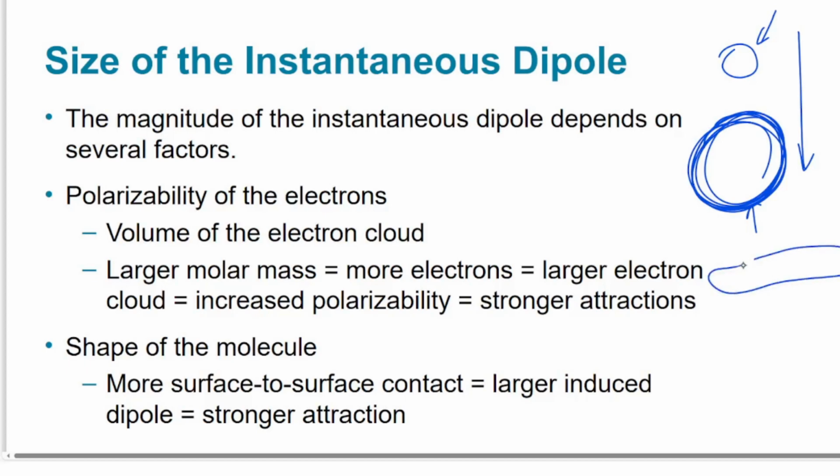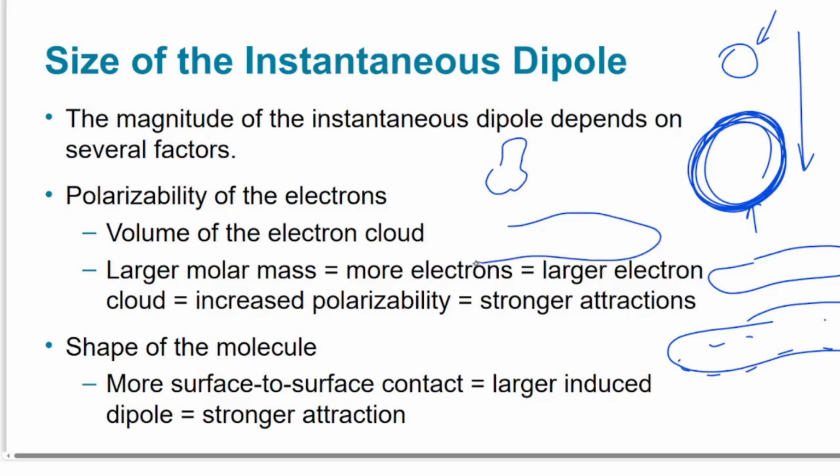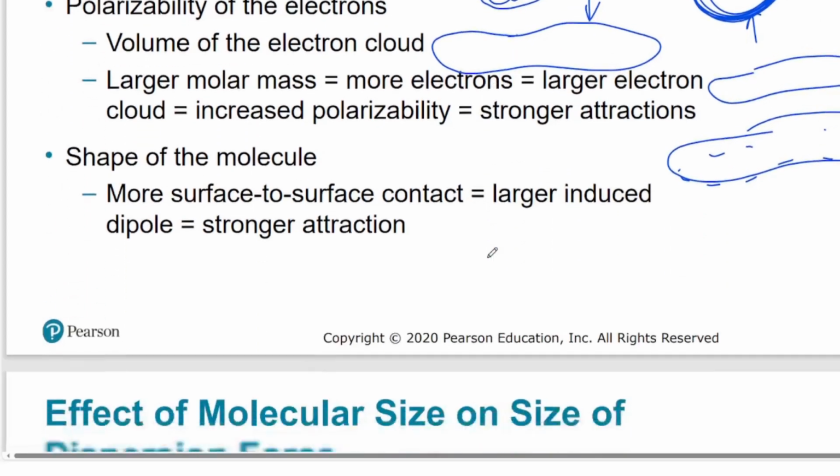A longer molecule versus a shorter molecule, the longer molecule is going to have more electron density around it, and therefore more surface area for these interactions to occur, and therefore the longer molecule will have more of these interactions versus a shorter molecule, all other things being the same. Also, a molecule that has a shape that is clumped up versus spread out, all other factors being the same, the spread out shape will have more instantaneous dipole forces or van der Waals interactions.